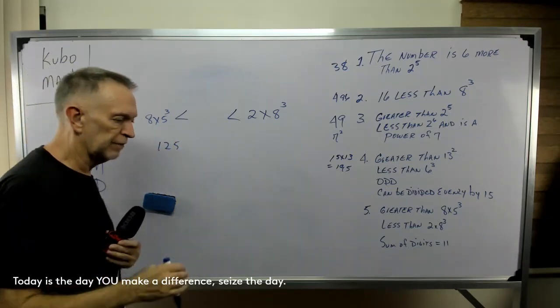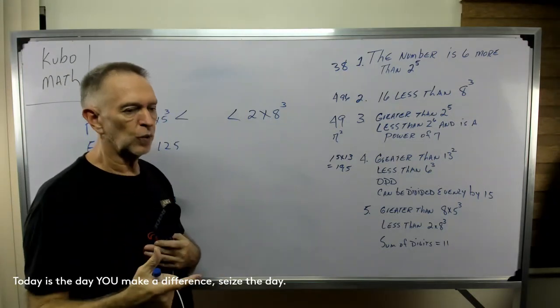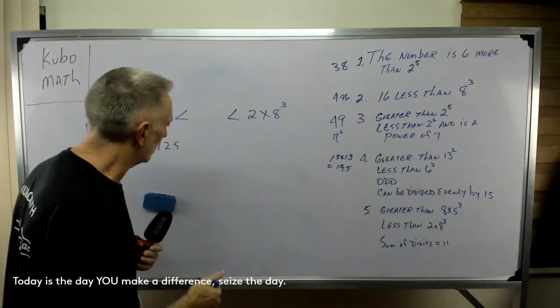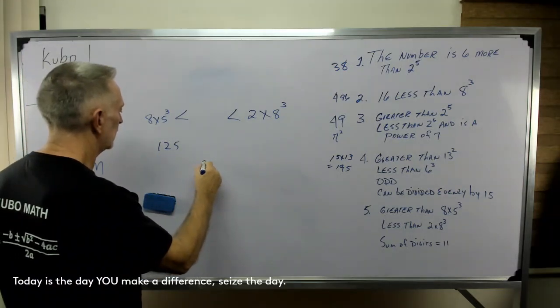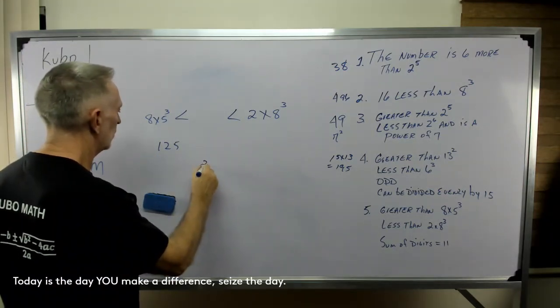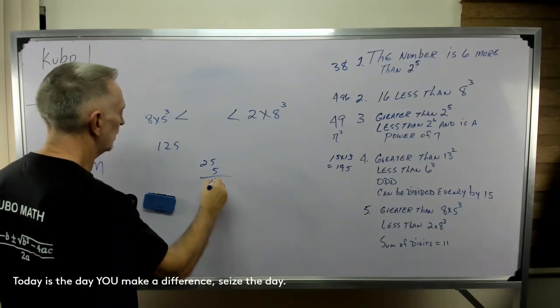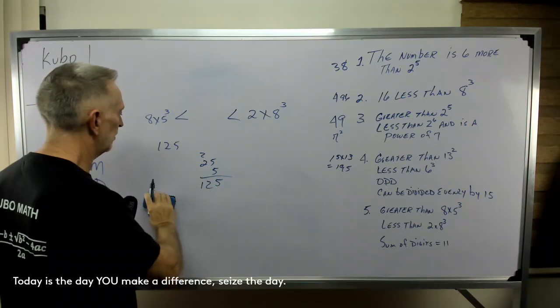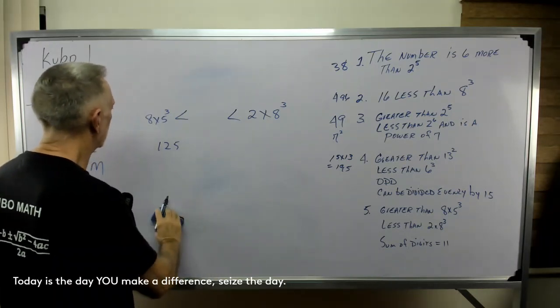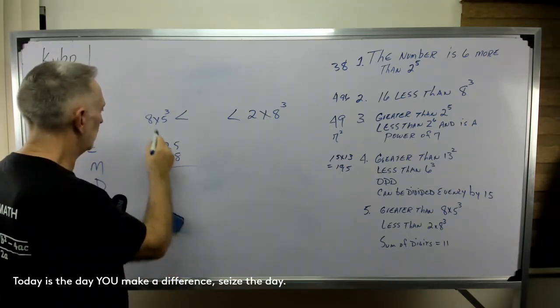So 5 times 5 is 25. 5 times 25 is 125. Okay, I think that's right. 25 times 5. 5 times 5 is 25. 5 times 2 is 10. Yes, 125.